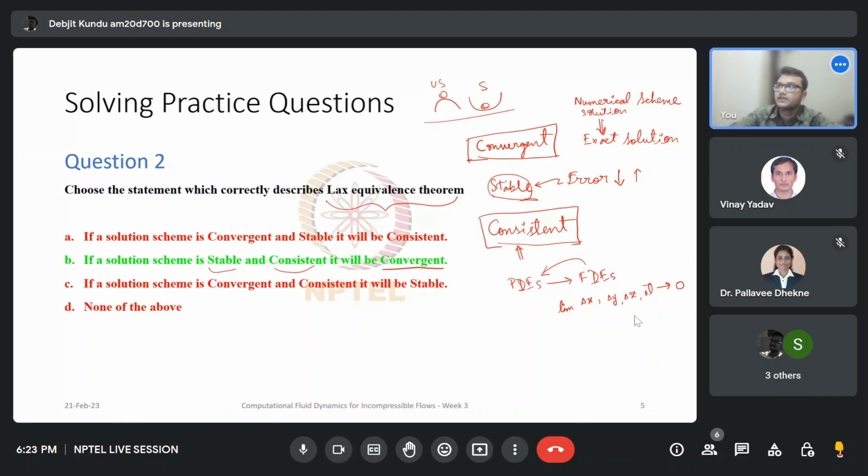And stability we can check by looking at how the errors are growing, and before even trying out the scheme, there are several ways in which stability can be checked. One such method we will look into in this lecture series is known as von Neumann stability analysis.